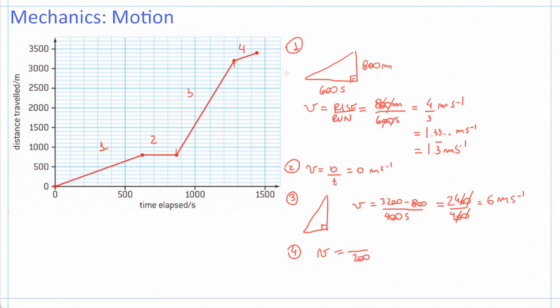That's the time, and we have gone up by 2 units here, by 2 squares, so we would go up by 200. So it would be roughly 1 meter per second. And there you go.